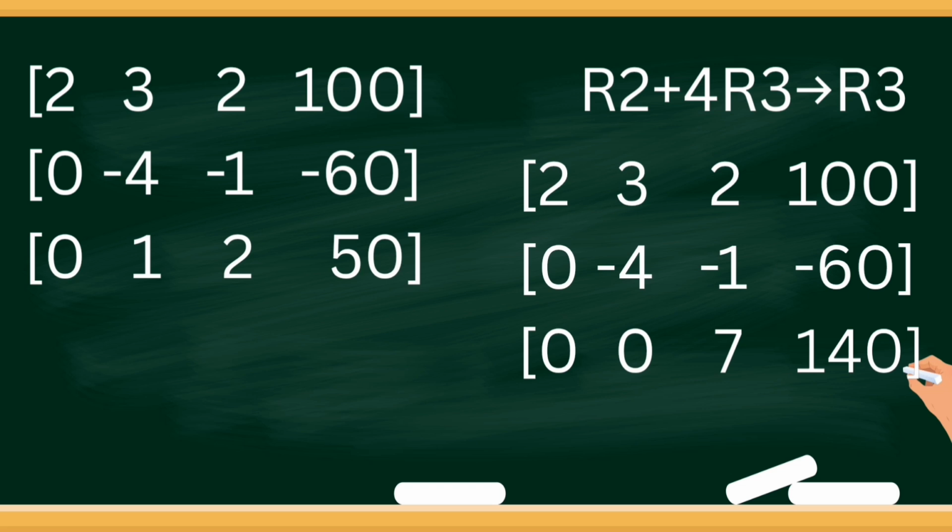And now let's proceed in turning our long diagonal into 1, the 2, the negative 4, and 7. Let's first solve row 1.